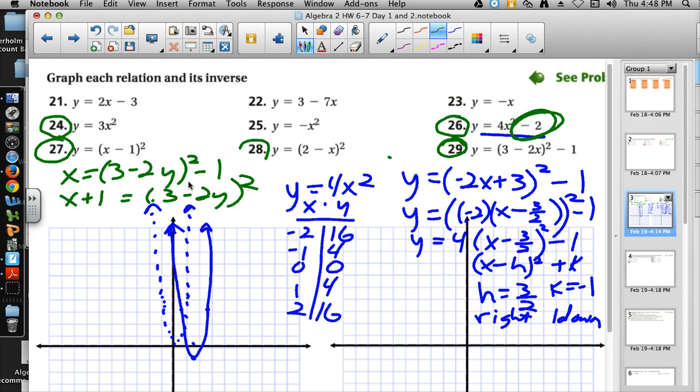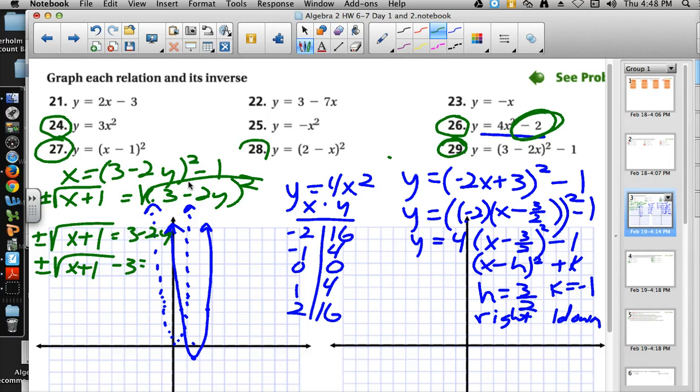And now I have to take the square root to get rid of that squared piece. And that, of course, will be plus or minus. The square root of x plus 1 will equal 3 minus 2y. I will have to subtract 3 from both sides, and then divide everything by a negative 2.